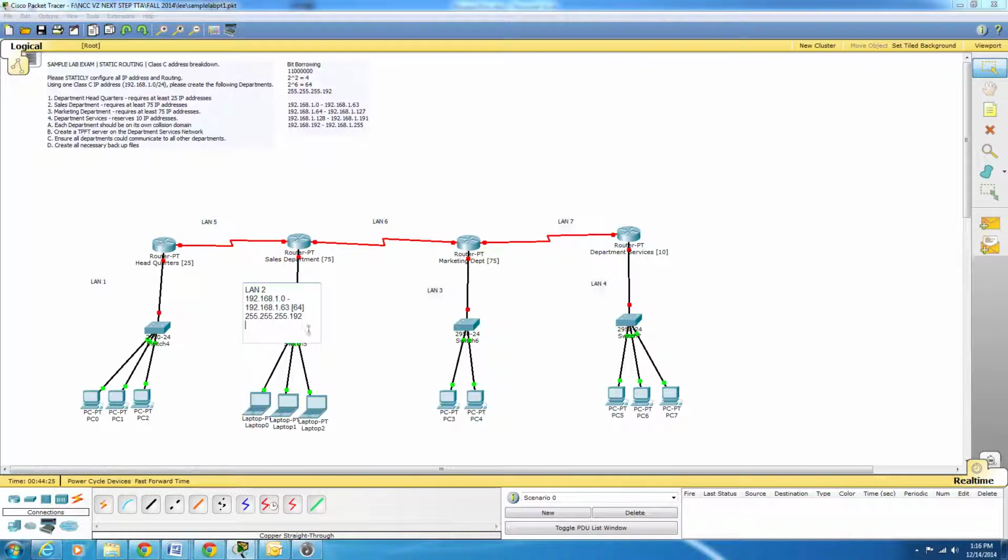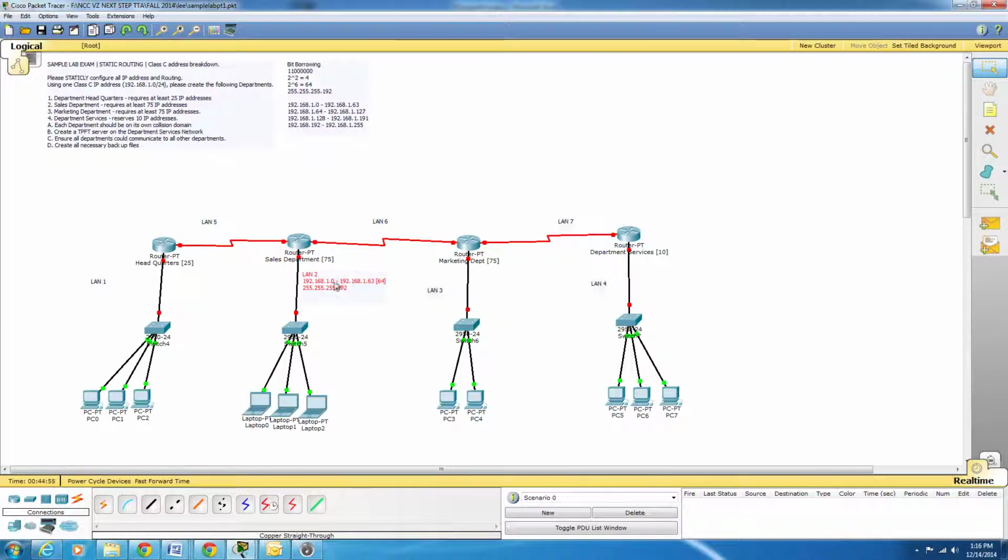All right, how does that look? So LAN 2, 64 IP addresses from 1.0 to 1.63, with a subnet mask of 255.255.255.192. That is good for that one.